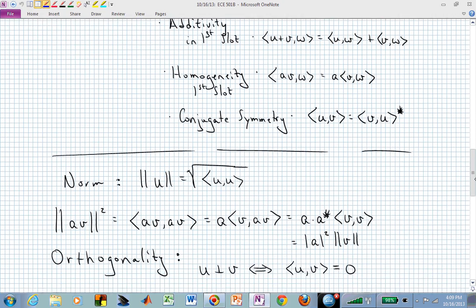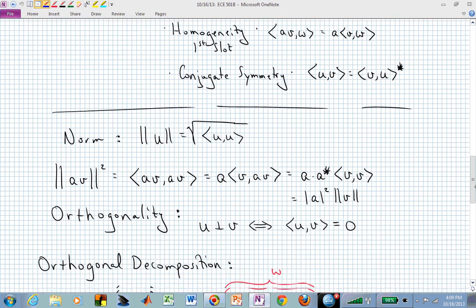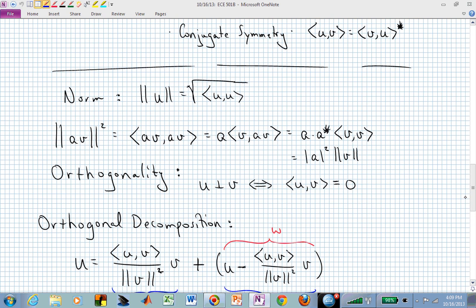Those are the properties. Then we looked at some features. We can create a norm, which is the square root of the inner product of U with itself.